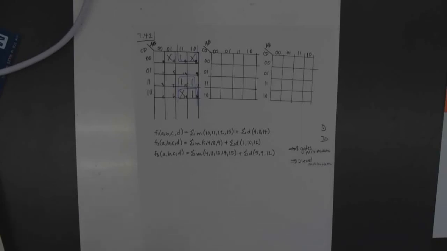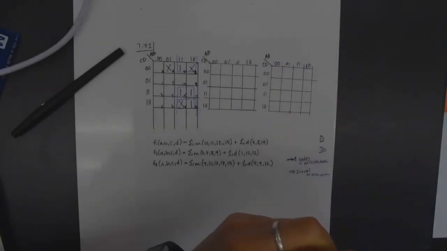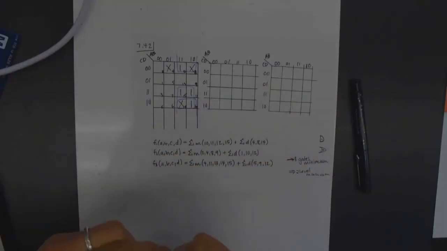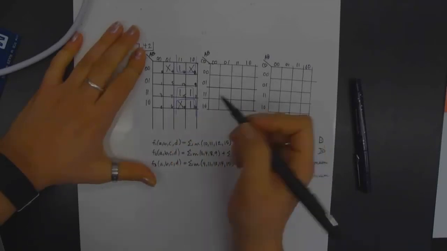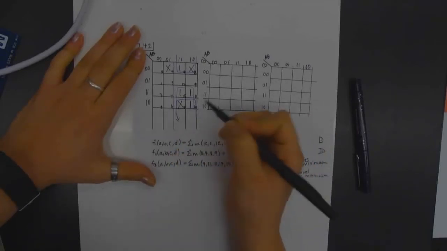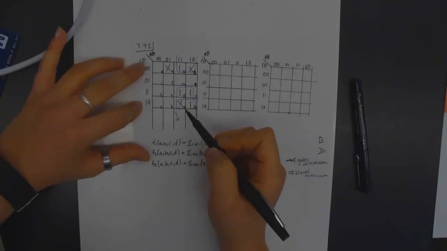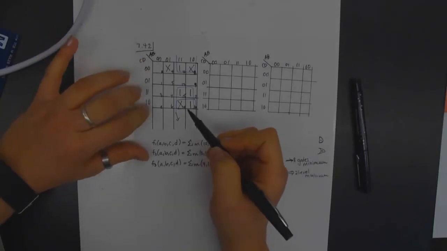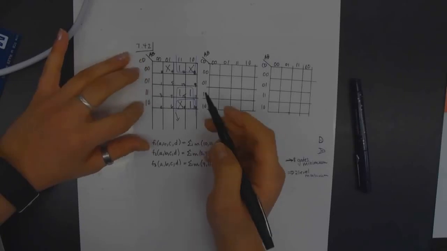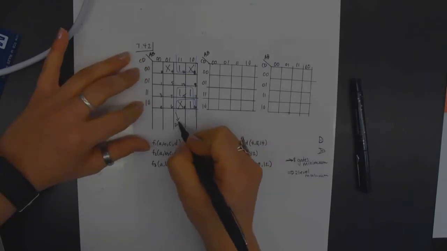So let's see here. Then we just pull them off, right? So we know that these are 4, so let's see. We've got C changing here, from 0 to 1, and then D is not changing, so we've got D not.